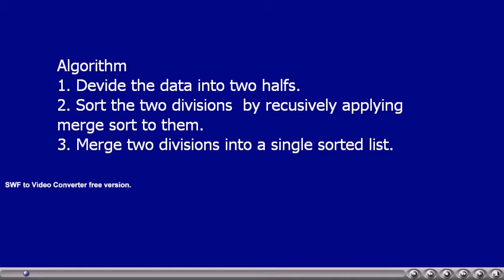When it comes to the right hand side 4, that 4 is further divided into two halves, and each two-element half is further divided into one element, which is itself sorted. Now the two elements will be merged and a sorted two element list will be created, and the remaining two elements also will be compared to create an ascending order list, and these two and that two are combined, and 4 elements of a sorted list will be created.